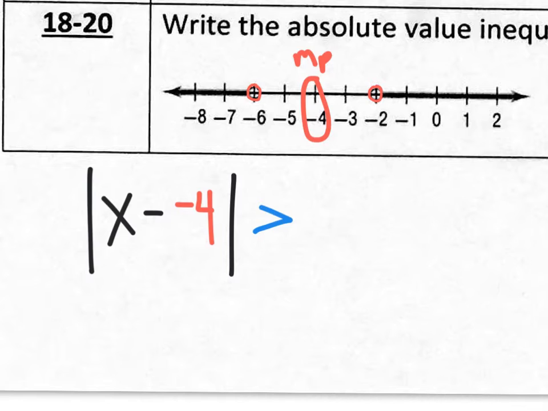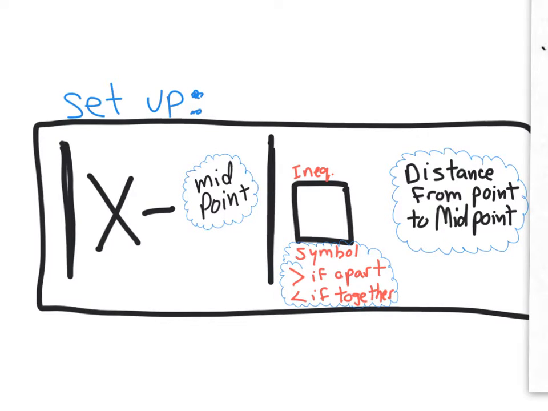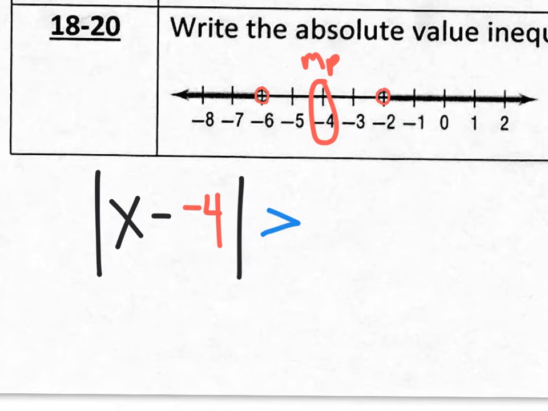Okay. And now going back to our notes, for the final number that's on this side, it's simply the distance from the point to the midpoint. So, what is the distance from one point to the midpoint? It's 2.